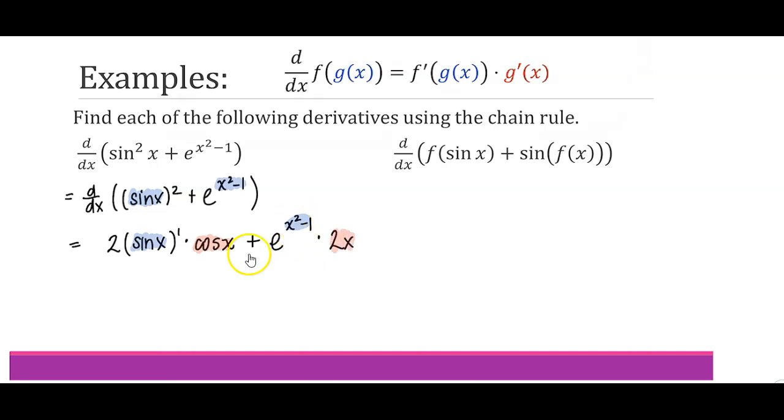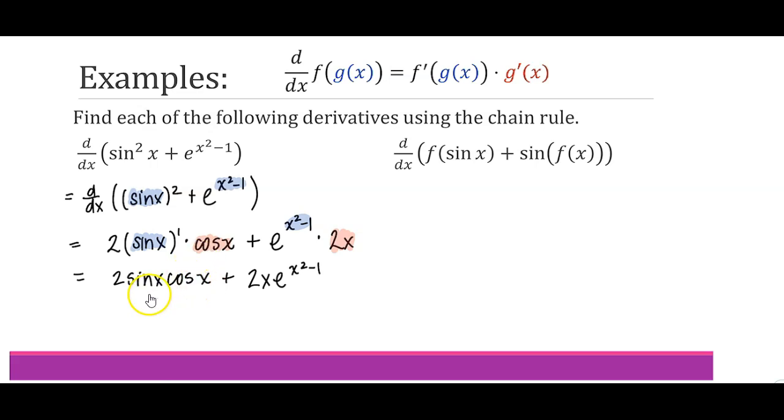So here I have the derivative of each part, each one requiring a chain rule. All that's left is to simplify. So I have 2 sine x cosine x plus, I'm going to put the 2x in the front, 2x times e to the x squared minus 1.